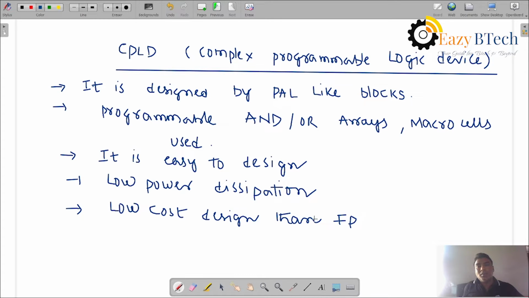In FPGA more logic blocks are there, so comparatively CPLD has a lower number of logic blocks. Low cost design, low power dissipation, easy design than FPGA.